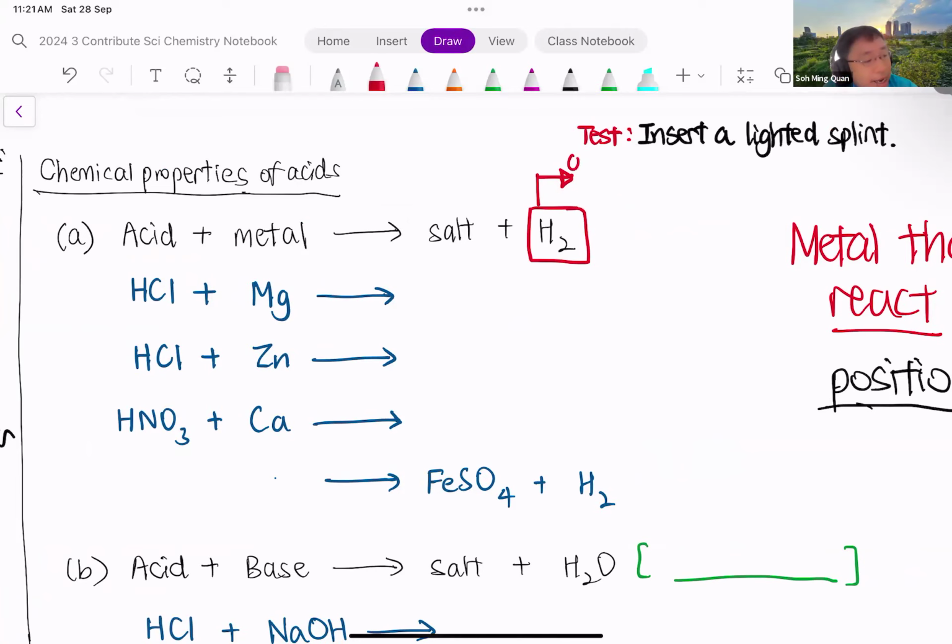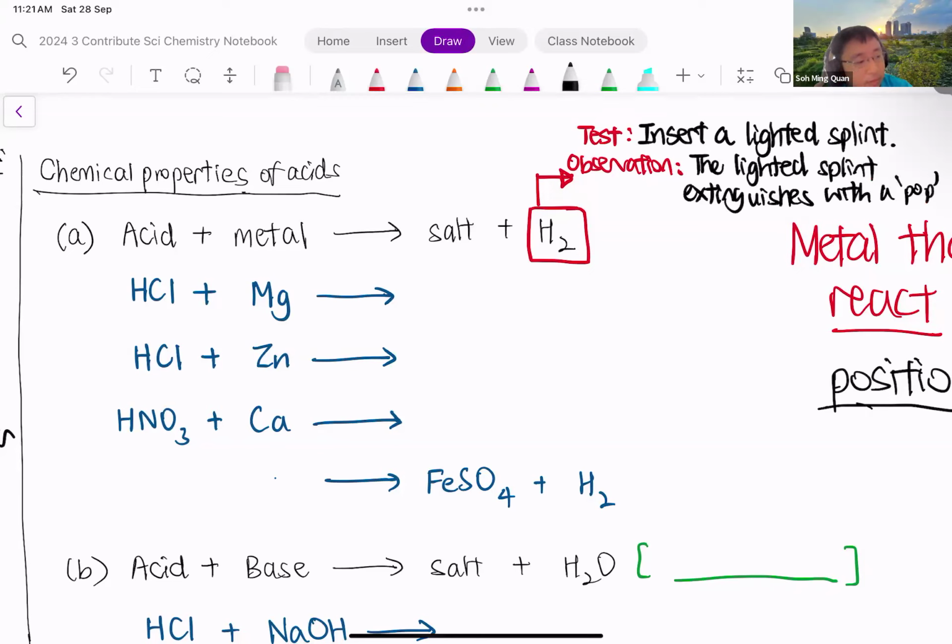Okay, and the observation for this hydrogen gas test is the lighted splint extinguishes with a pop sound. Okay, so that is the test for hydrogen.